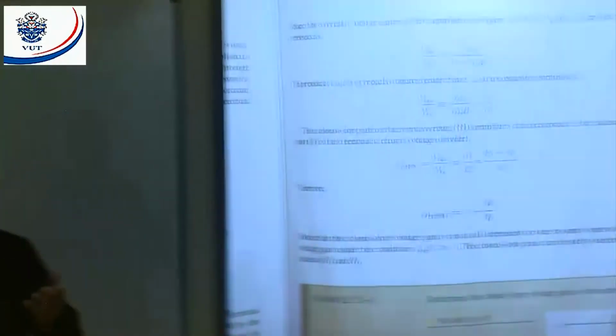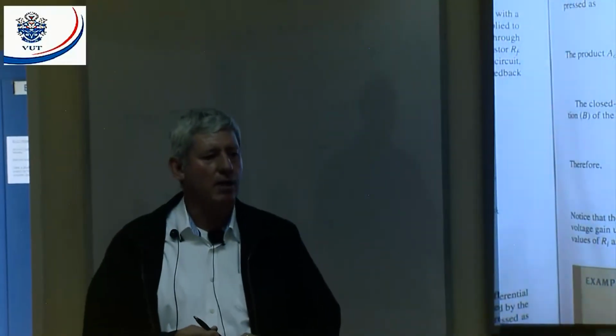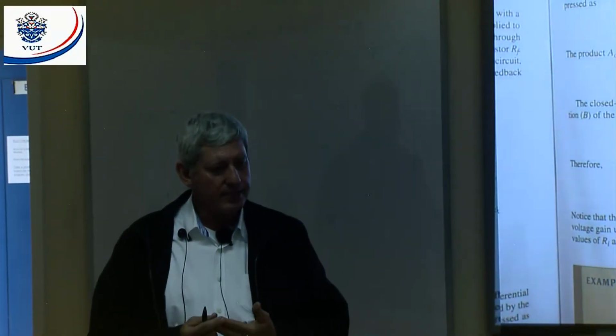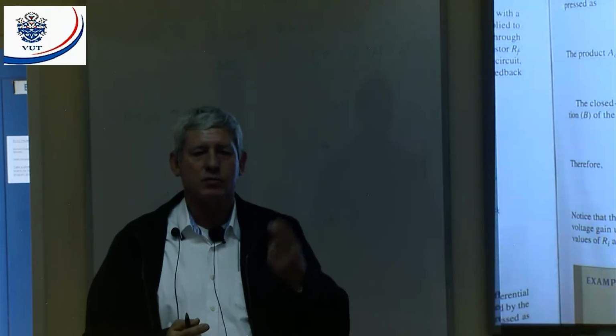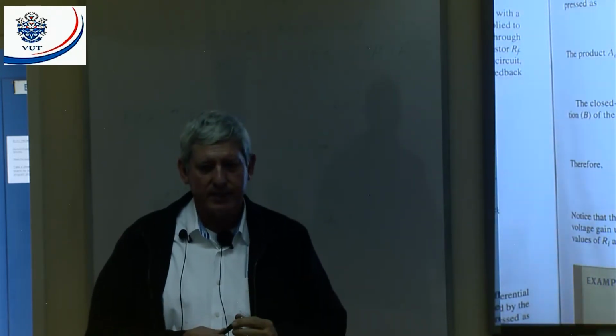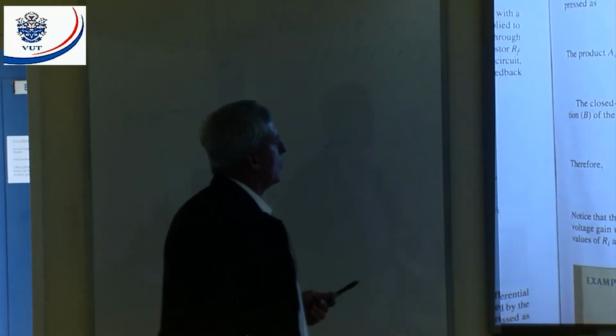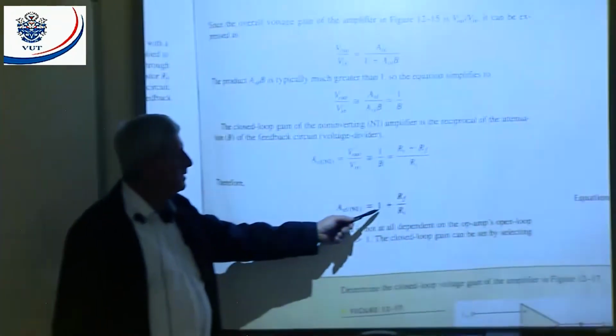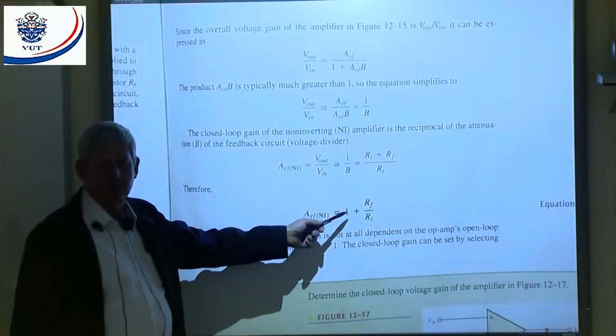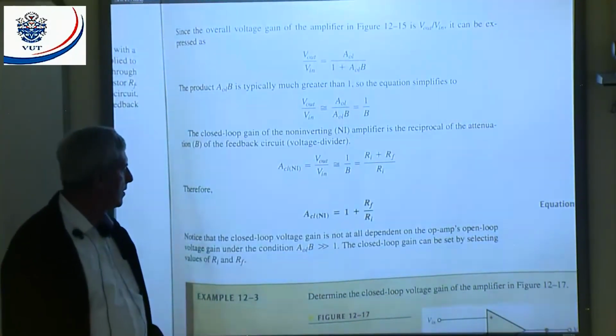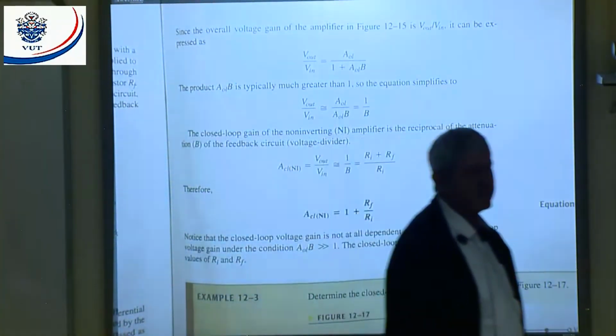If you remember our example, we had two 10Ks, that will give us 1 plus 1 is equal to 2. That means this circuit will always have a gain greater than 1, always larger than 1. Any questions?